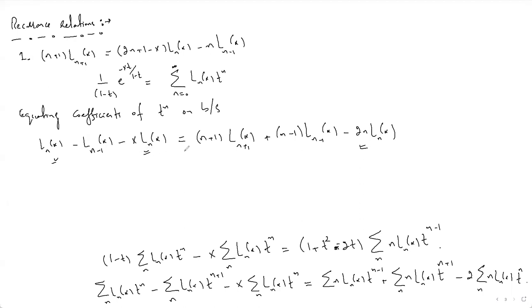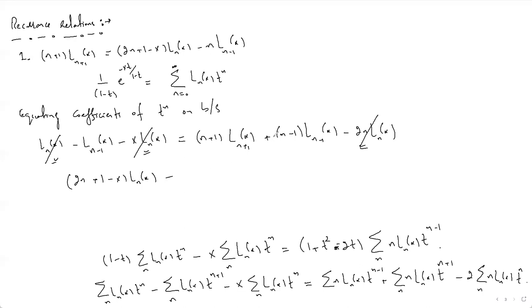So either you take it here or here, that is one and the same thing. So what I will do, I will write down this as 2n plus 1 minus x into ln of x. Now this term and this term, they are gone. Okay, minus, okay, now we have this ln minus 1 and n minus 1 ln minus 1.